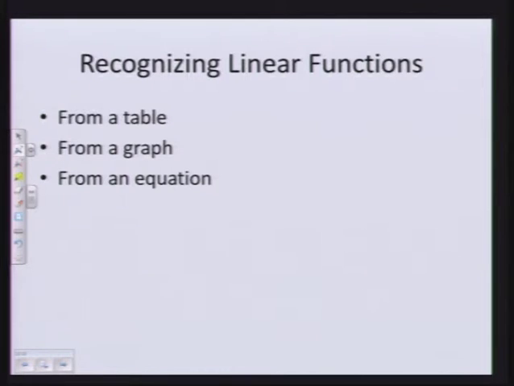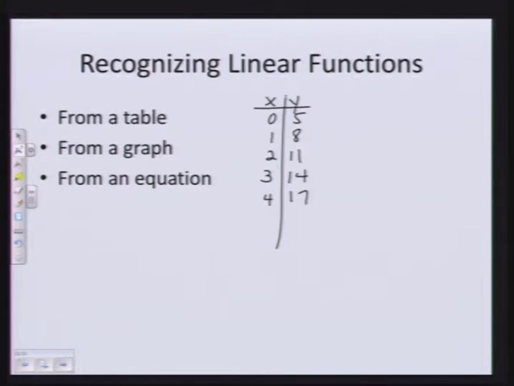But the thing that you want to think about is, if I've got some data that I'm trying to analyze, how is it I decide if it's linear or not? If I have a table of values, let's say that I give you some numbers here. I'll use 0, 5; 1, 8; 2, 11; 3, 14; 4, 17.